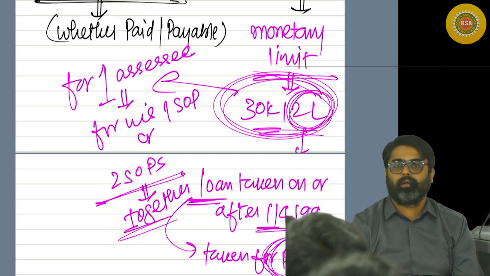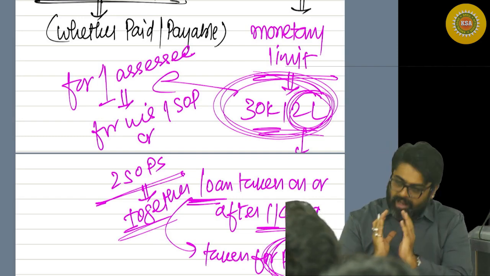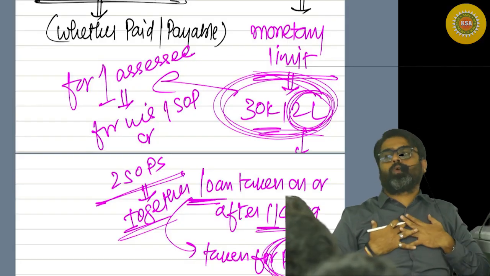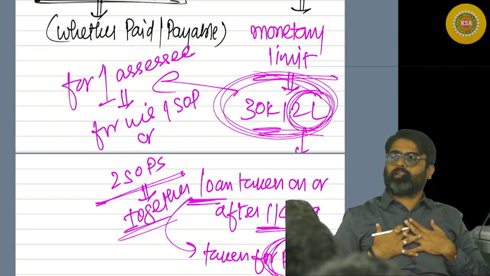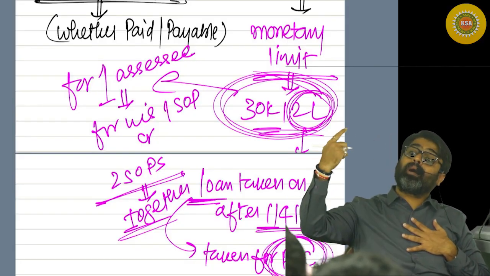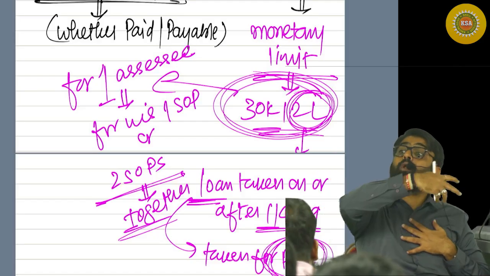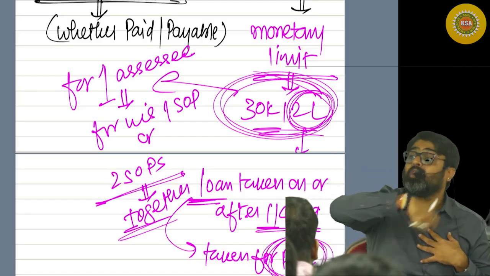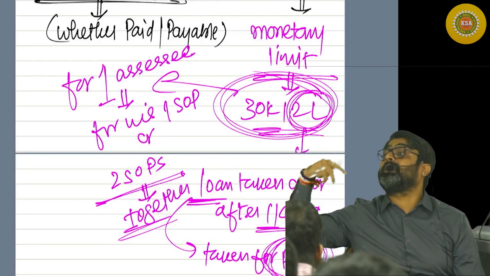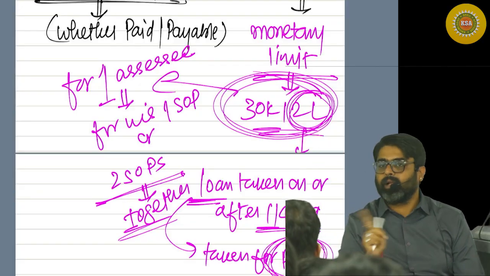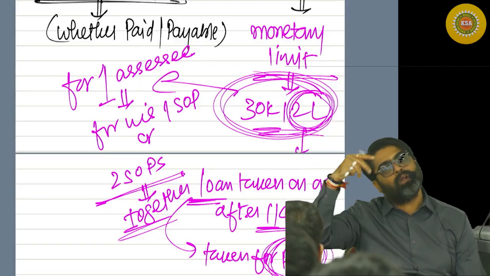Meaning that this limit of 2 lakh or 30,000 is available to one assessee. So if I am an assessee, for my single SOP or for both of my SOPs taken together, the maximum interest I can claim cannot be more than 30,000 or 2 lakhs.